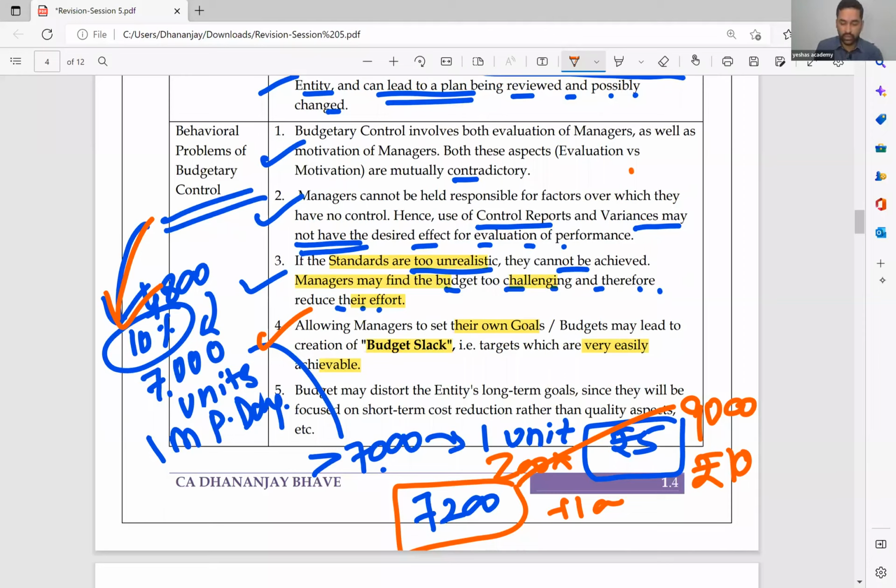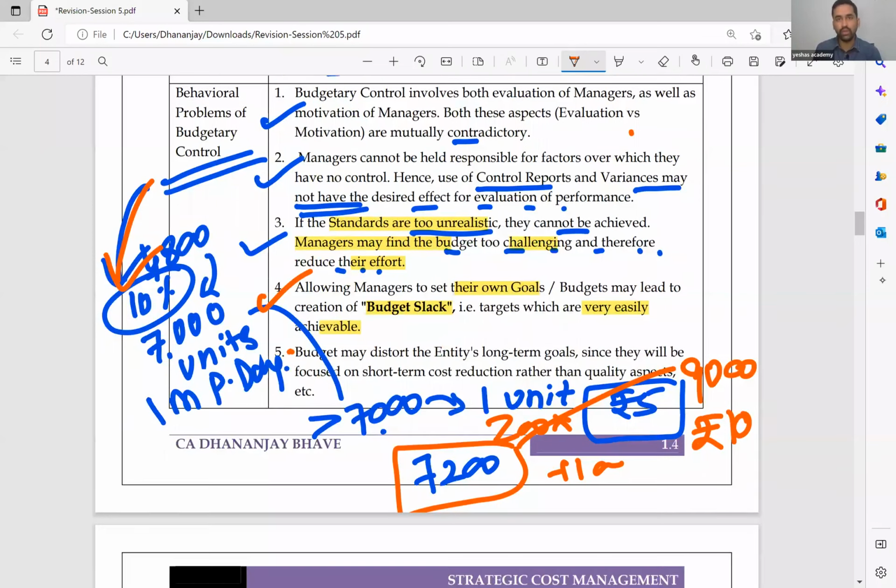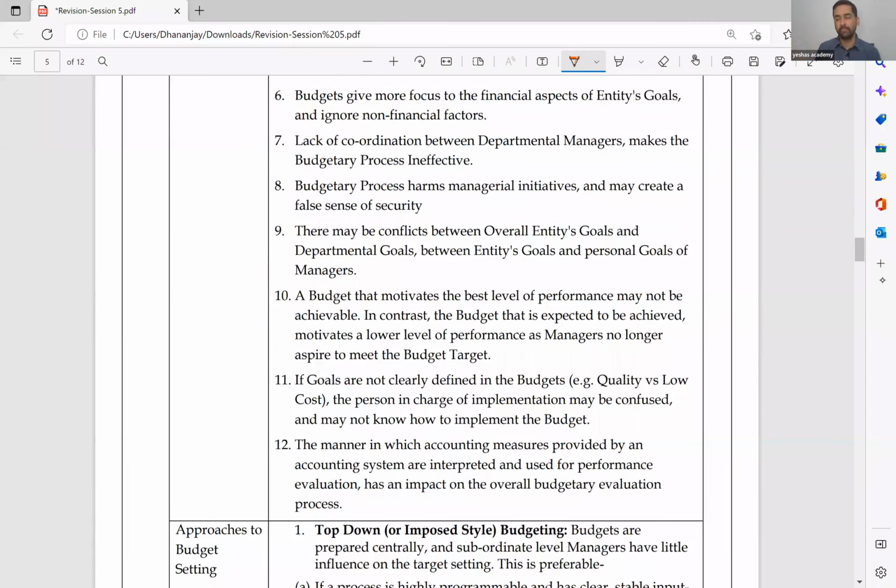Budgets may distort the entity's long-term goal since they will be focused on short-term cost reduction rather than quality aspects. Obviously, if you try for one, you'll have the problem on the other side. You tell him that by the end of December, our number of units per machine per day should cross 7,500. He'll be more worried about fast production, quick production, because his target date is end of the year.